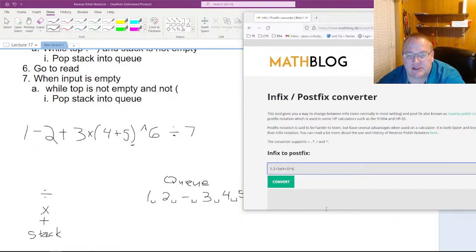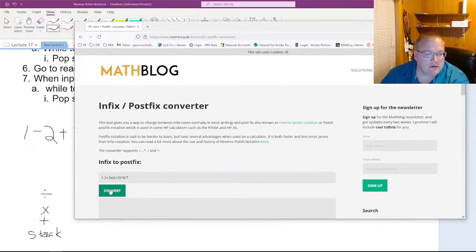And you'll notice here it supports slashes. 7. Convert.